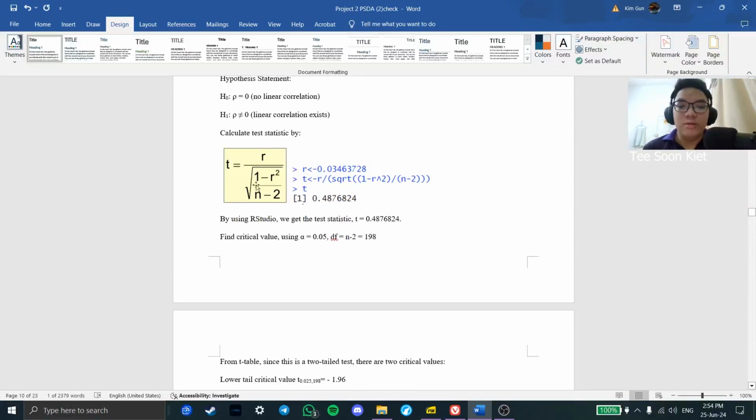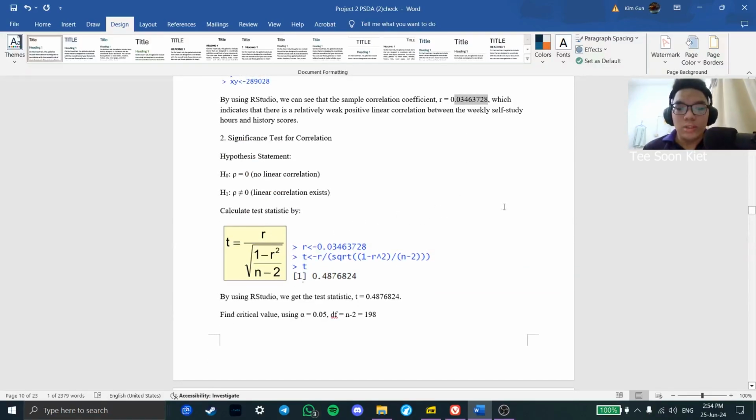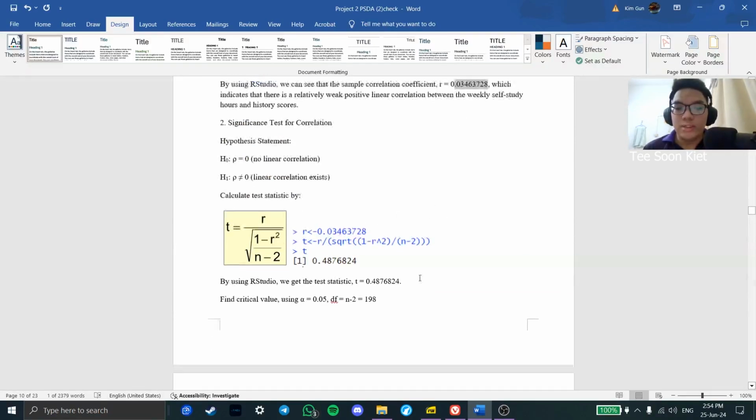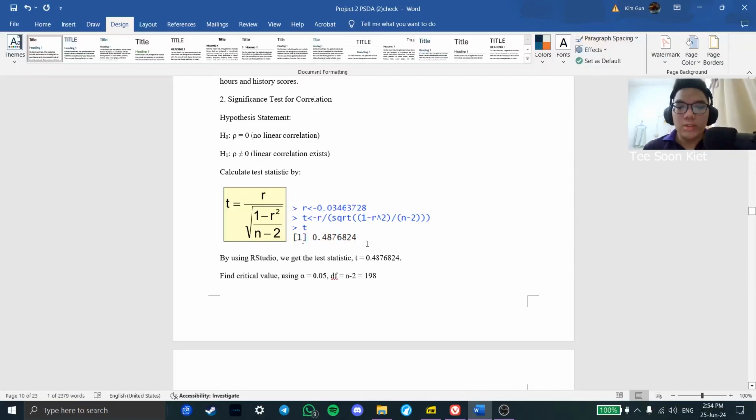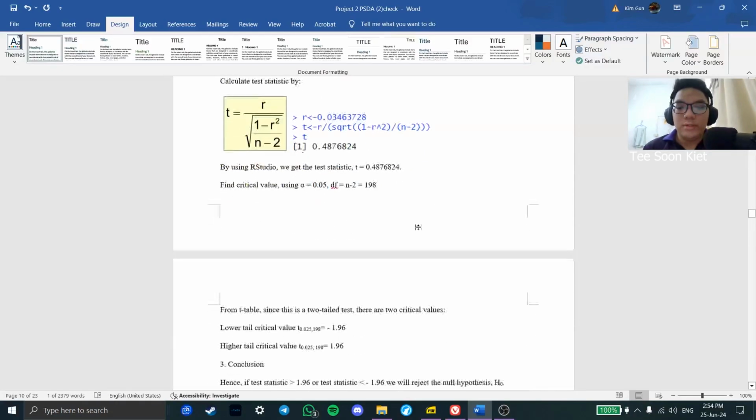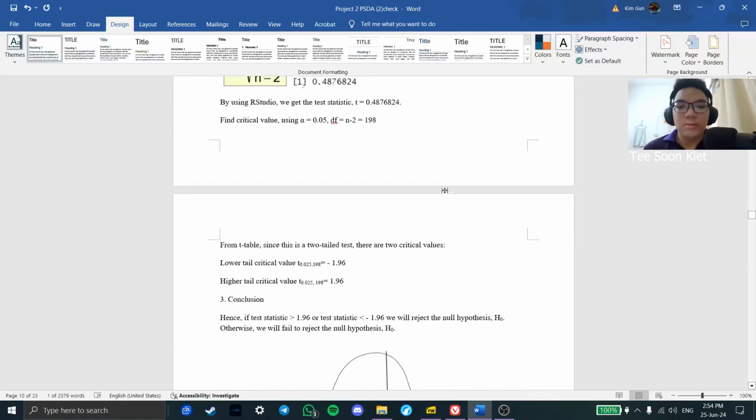Using this formula, we find out with the R value what the T statistic is, where we got 0.488. Since this is a two-tailed test, there are two critical values, which we found to be negative 1.96 and 1.96.